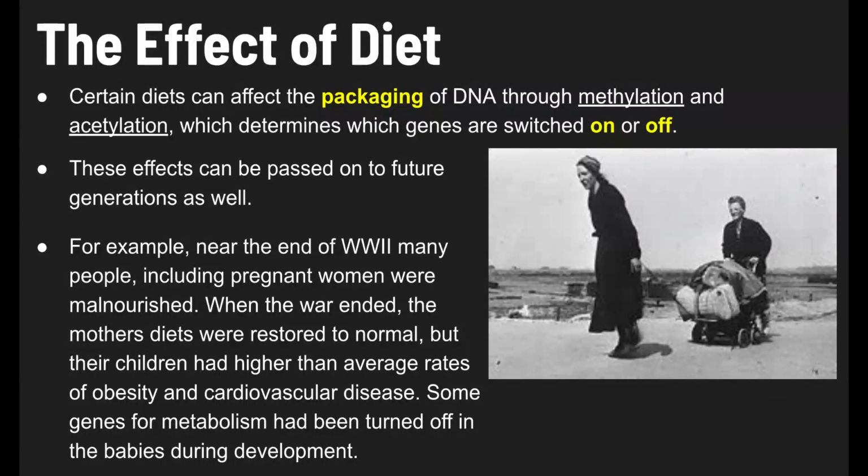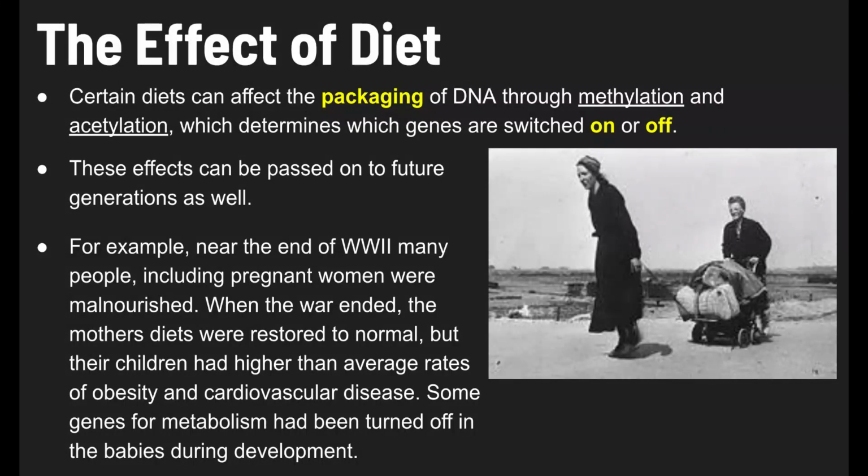But the children that they were pregnant with during the war, when they were malnourished, had higher than average rates of obesity and cardiovascular disease. And this is because some of the genes in the children for metabolism had actually been turned off during development. And this is what caused these complications later.